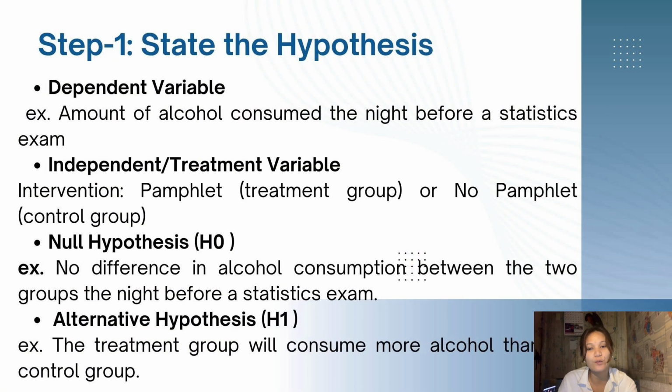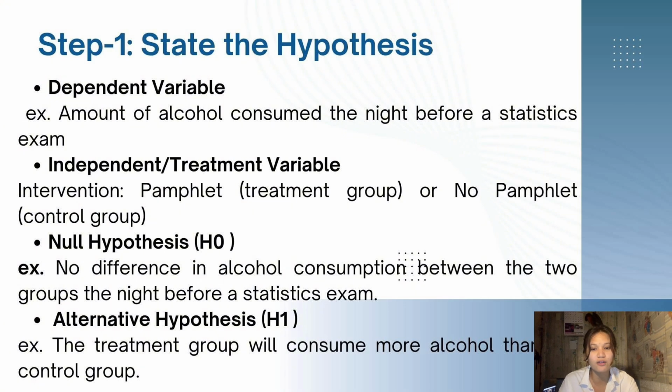Let's apply step 1 in a real-world example. So here, our dependent variable is the amount of alcohol consumed the night before a statistics exam. Then our independent variable or the treatment is whether students received a pamphlet discouraging drinking or they didn't receive one.